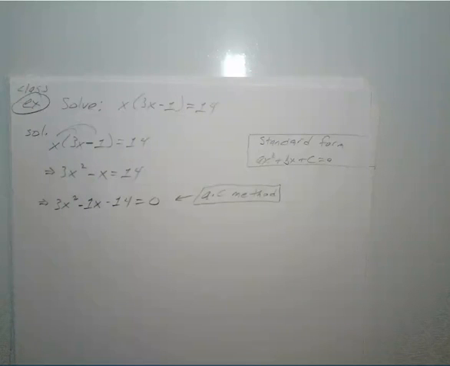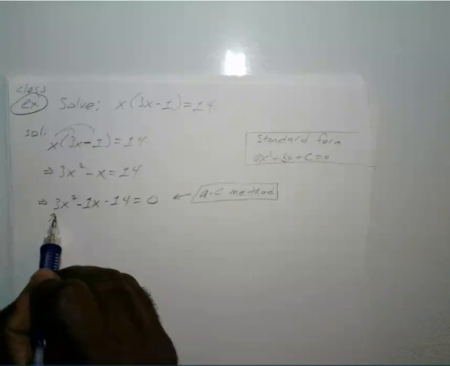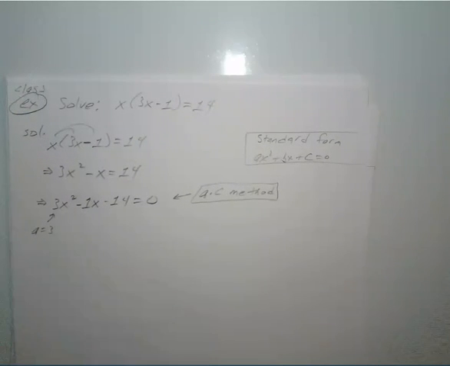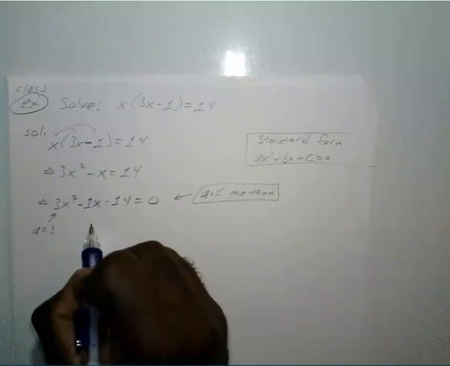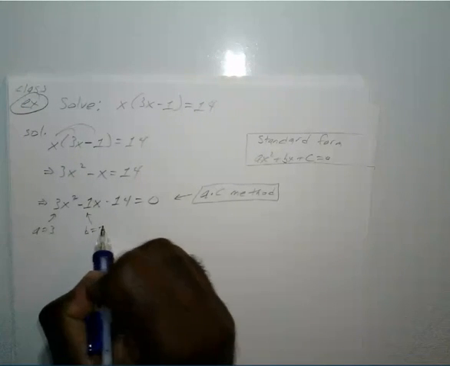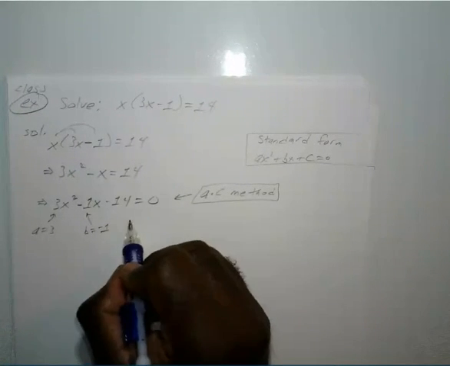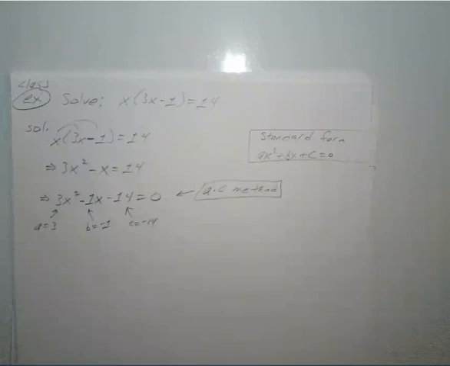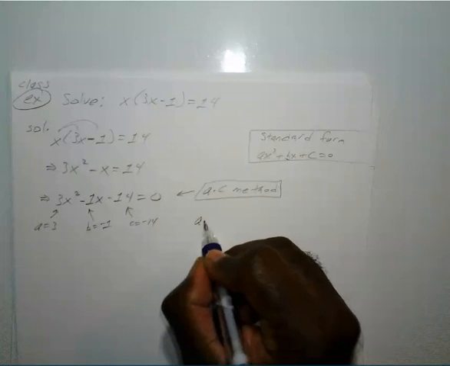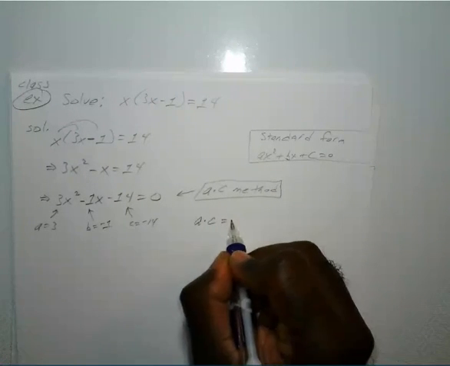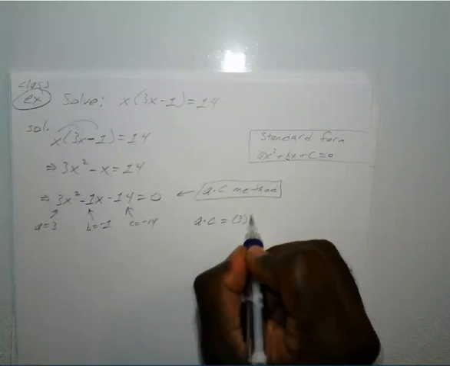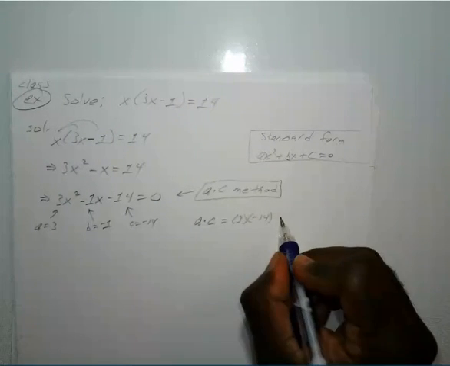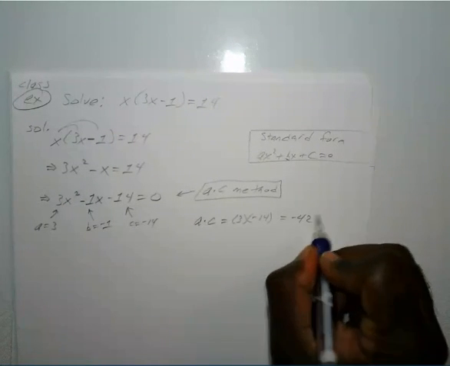Alright, so we see here that a is equal to 3, b is equal to negative 1, and c is equal to negative 14. Okay, so we know that a times c is equal to 3 times negative 14, which is negative 42.